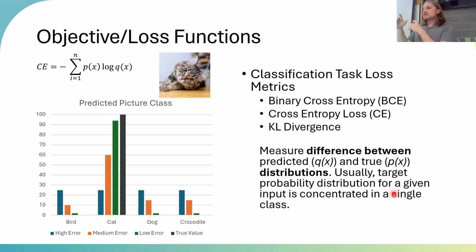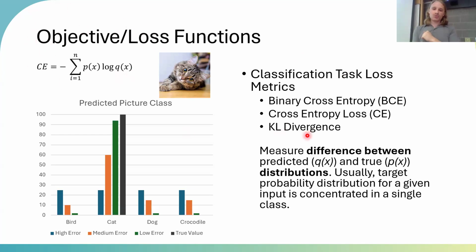Classification is more concerned with the difference between the distribution assigned to my label and what my model is predicting. So it's going to come down to the concept of entropy, which I'm not going to go into too much detail on here, but that's the foundation of our equation.